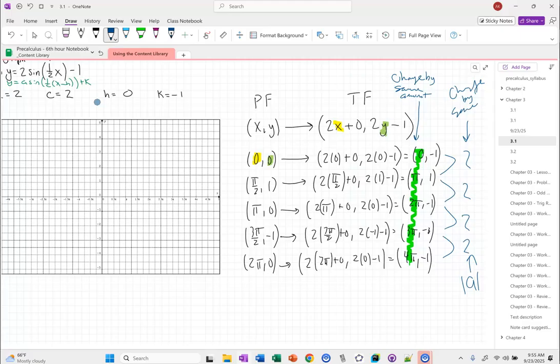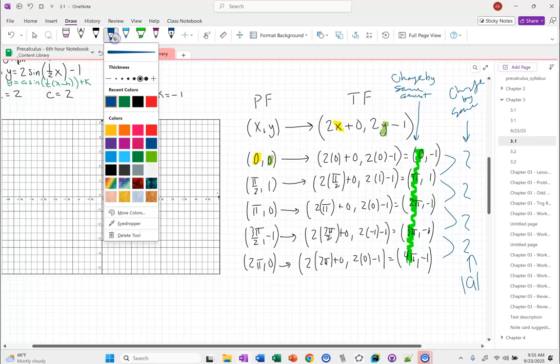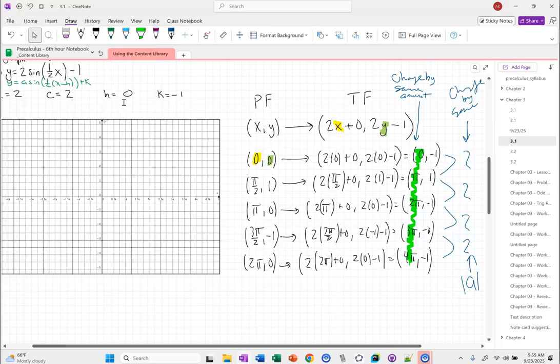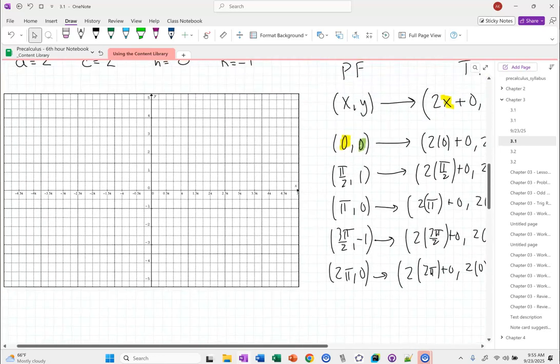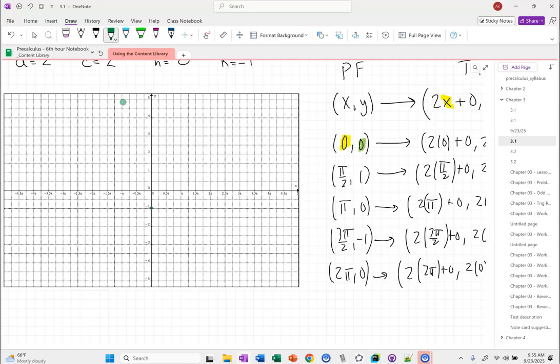All right. Now that I have these points, I'm going to go and plot them. Everybody good with the plan? So zoom in a little bit. I have 0, negative 1 as my first point. Then I had pi, 1.